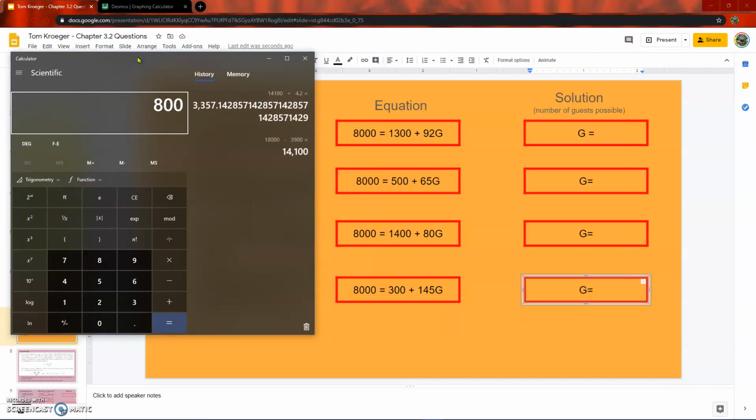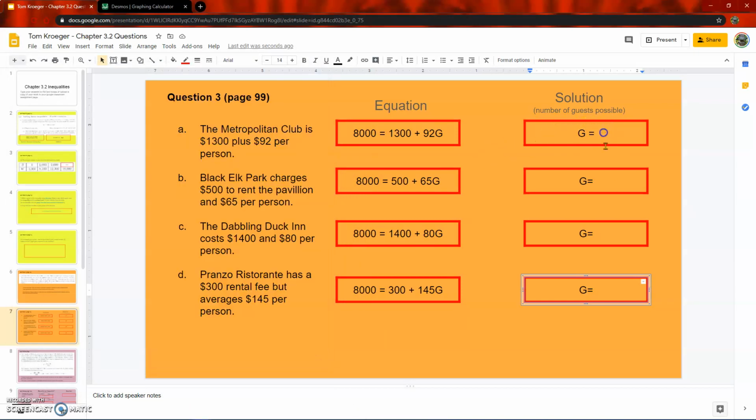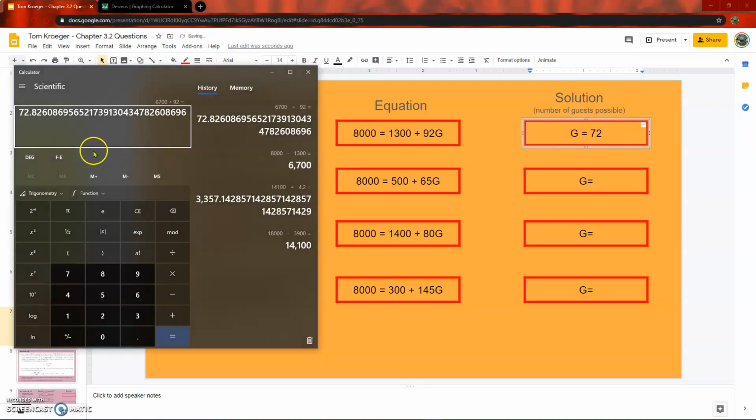We're going to start with our 8,000, subtract off the rental fee, and divide by how much it costs per guest. And so for the Metropolitan Club, they can't have 73, but they can have 72 guests. Now, so we can't quite have 73. 73 would put them over their budget.